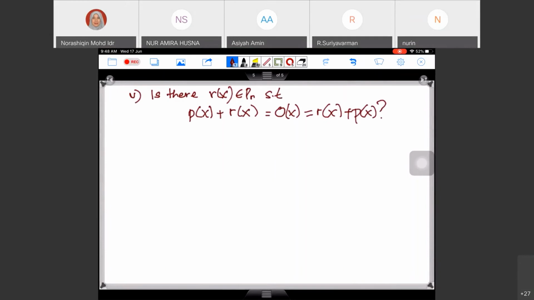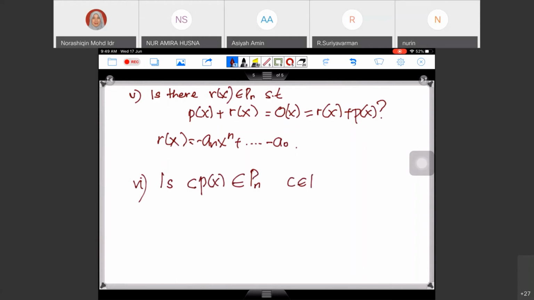Alright, so we have shown this: R(x) in the form of negative a_n x to the n plus blah blah blah negative a_0. I will discuss 6 and the rest you do it. Scalar multiplication is c P(x), P(x) a polynomial of degree n, c in R, a real number.